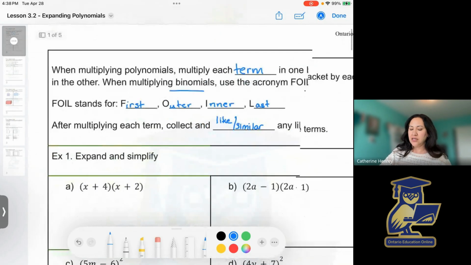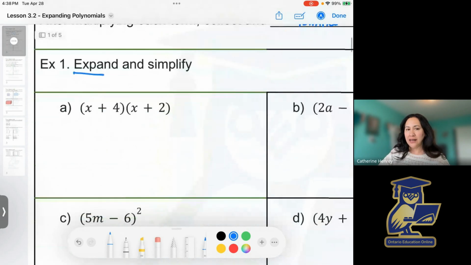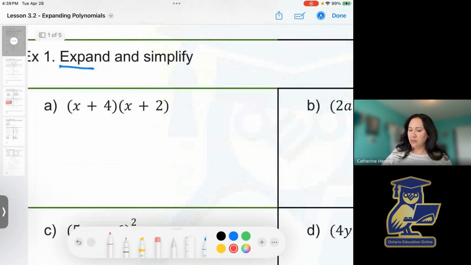So let's go straight to an example. We want to expand and simplify. Expand means that we're going to multiply. And we're first taking a look at a binomial with a binomial. We have x plus 4 times x plus 2. So if we were to map out our acronym of first, outer, inner, last, I'm going to try and connect them. So we have the first term of the first bracket multiplied with the first term of the second bracket.